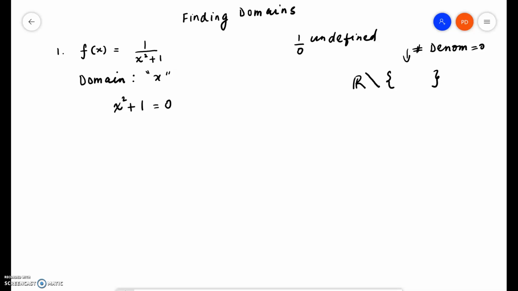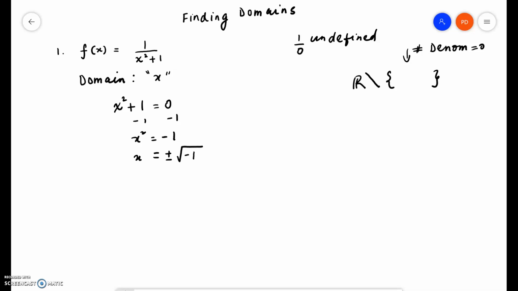x squared plus 1 equals 0. We subtract 1 on both sides to get x squared equals negative 1. We solve the equation by taking the square root on both sides. So remember, when you take the square root on both sides, what you need to do is put a plus or minus square root of whatever is on the right hand side.